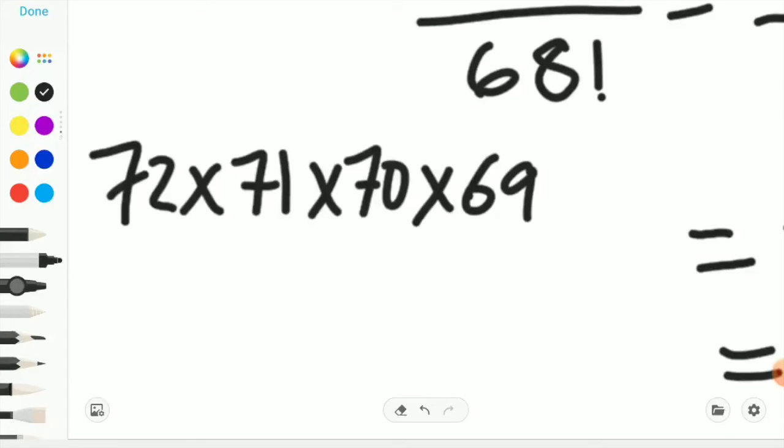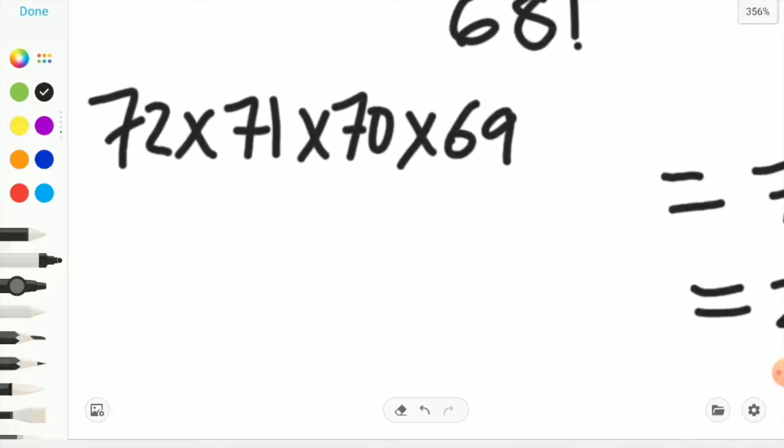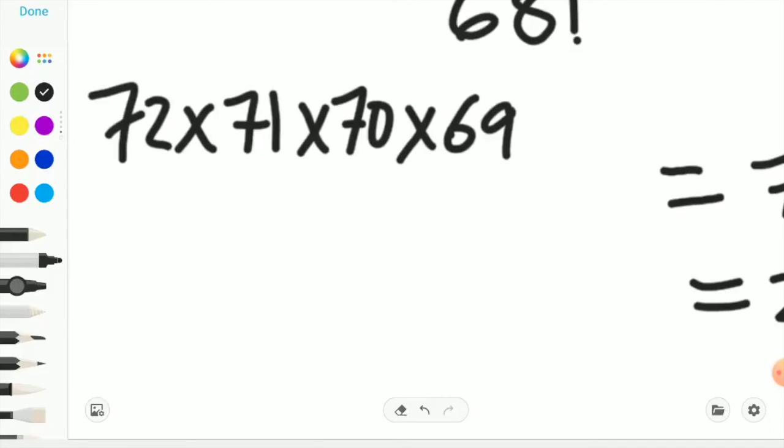This can be shortcutted using the permutation button on your calculator. This is also for another use, but I'll show you how to use the button for this simplification.